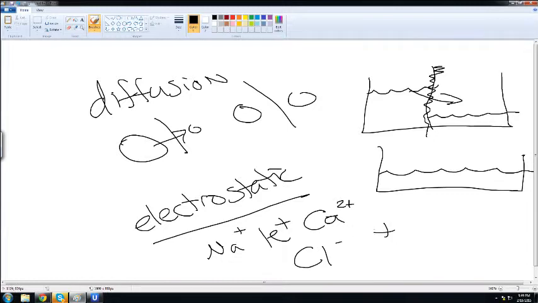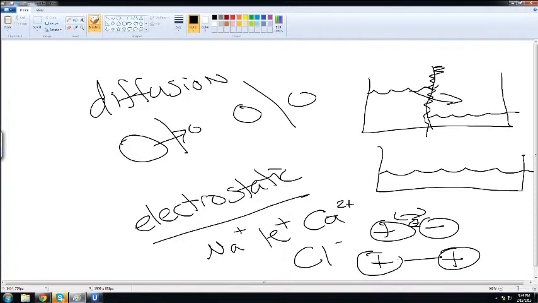So if you have a positive and a negative charge, they're going to be attracted to one another, and they're going to want to be close to one another. Conversely, if you had two positive charges like this, they're going to move away from one another. What this means is that the environment of the cell, as being positive or negative, has some electrical impact on the propensity for an ion to want to go towards it or away from it.